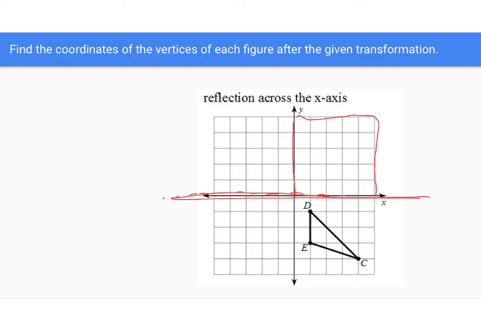So if I didn't have a formula for a reflection over the x-axis, I would just count the distance my point is from that line. So D is one distance away from x, so one distance away from x is my D prime. E is 1, 2, 3 distances away, so 1, 2, 3 units away.